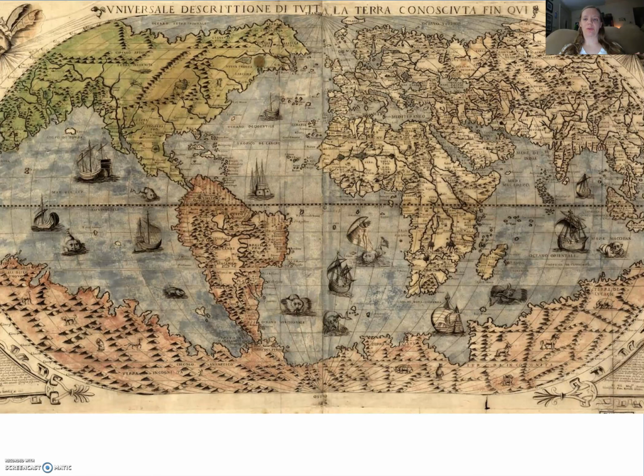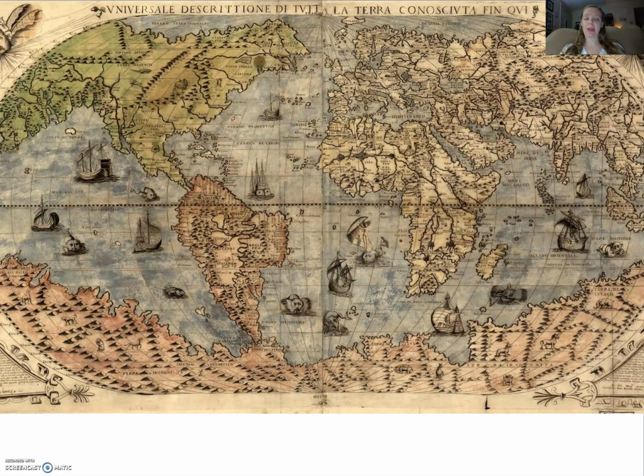And so we've got the very early beginnings of European contact with the Americas. We've had ships sailing around the coast of Africa to get to Asia. So there's a lot of travel and exploration happening.